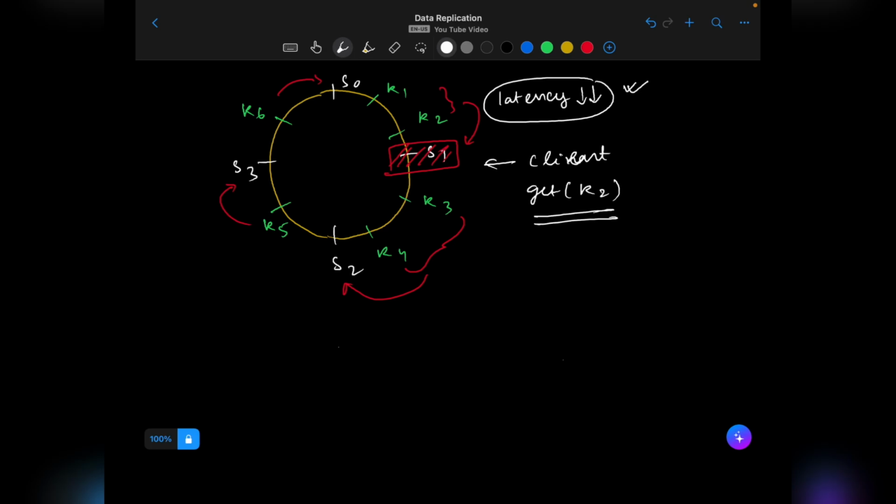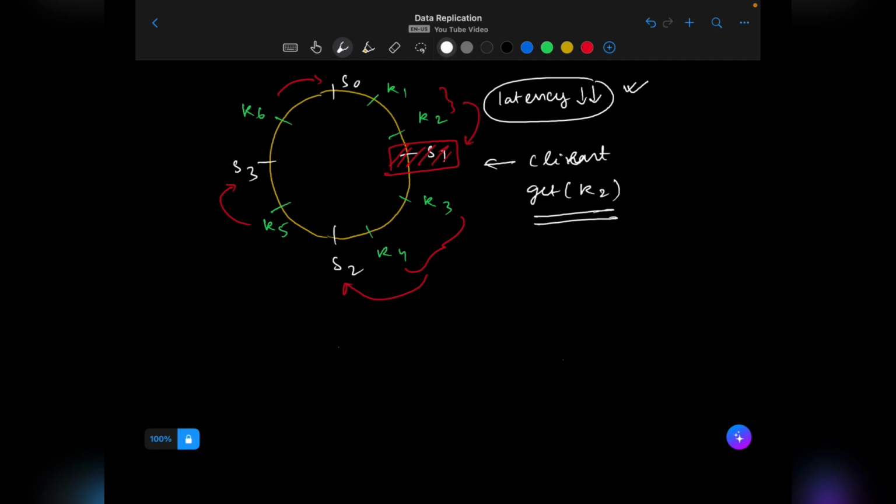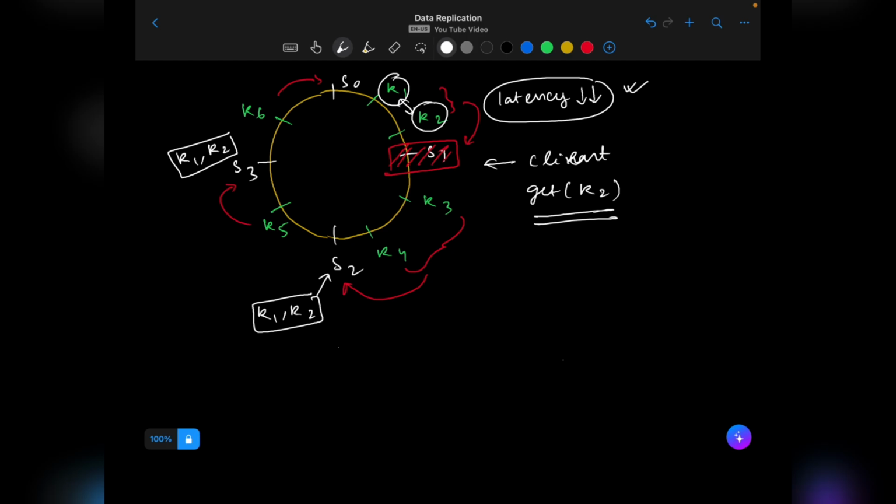So what if key 1 and key 2 are also present here, and also present here? Whenever my client wants to fetch key 2's data, it sees server 1 is down, but server 2 is up, server 3 is up, and it has this data.